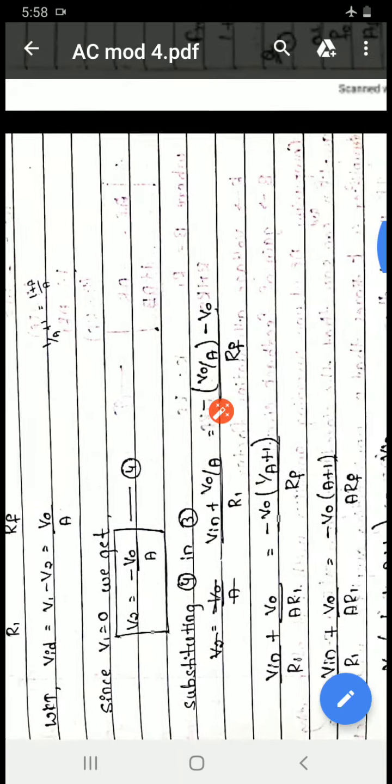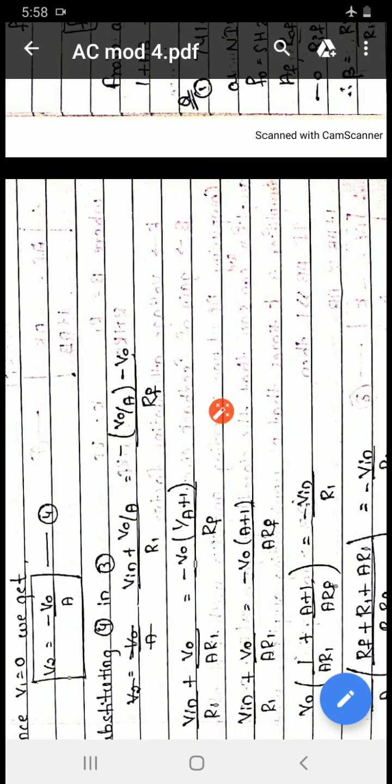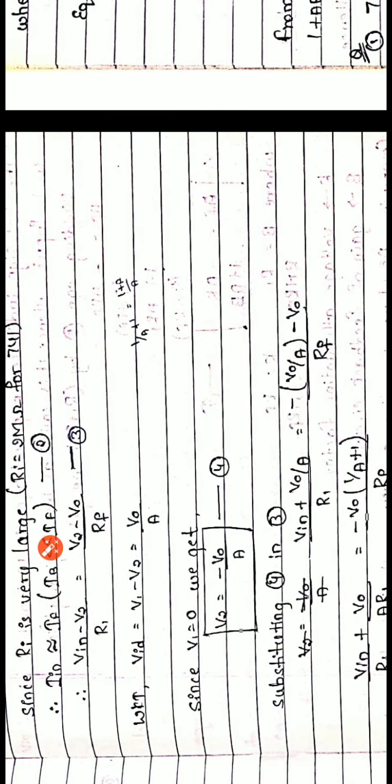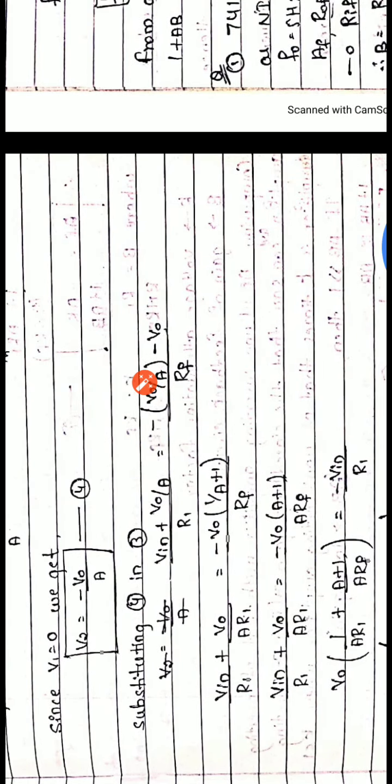So here this is the next expression, that is Vn plus, because minus into minus becomes plus, V0 by A by R1 equals to minus V0 by A minus V0 divided by RF. What I have done here, I have just substituted the value of V2 in this equation. Okay, so we will get this term of equation.